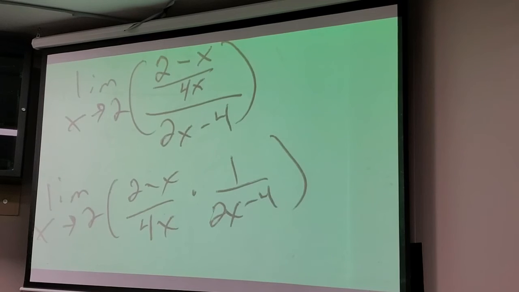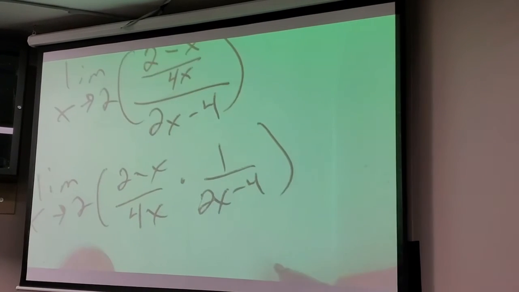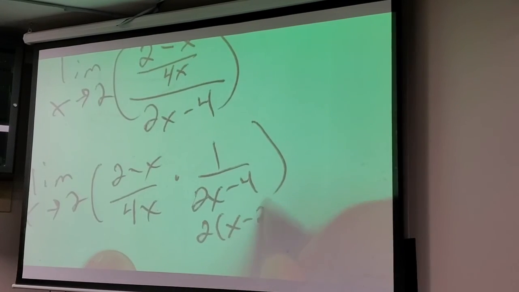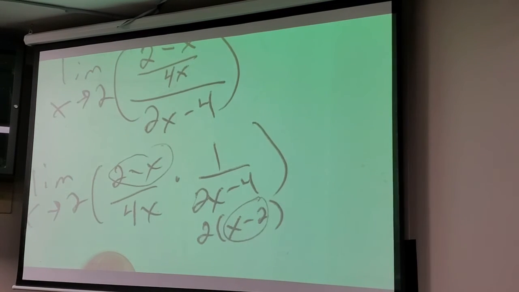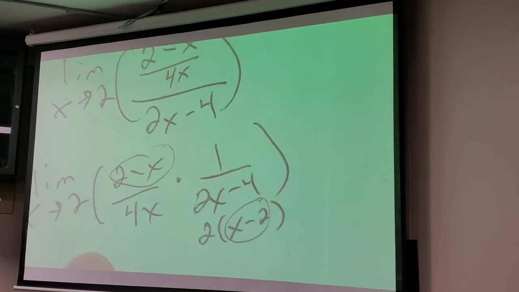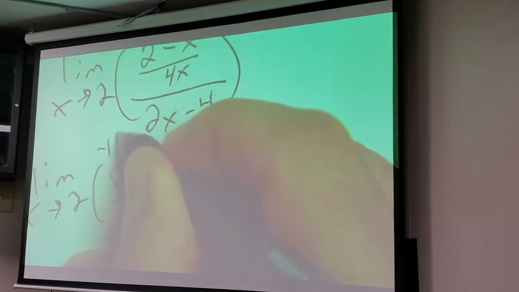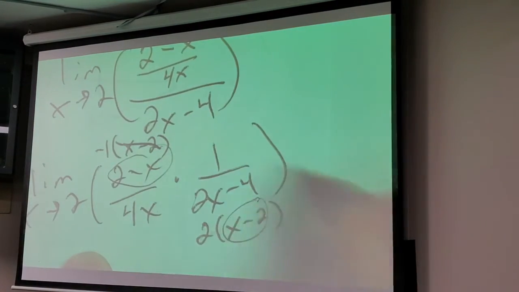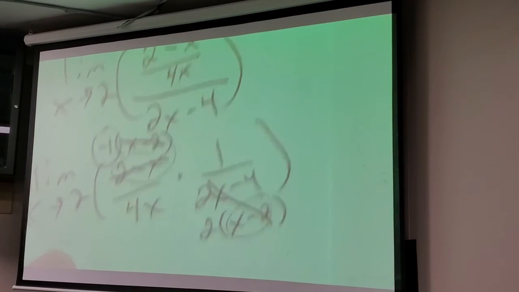Yeah, factor the 2x minus 4. And then these will cancel, but they'll leave what? A negative 1. Are you guys with me? If I take a negative 1 out of this, x becomes positive, 2 becomes negative. So these cancel, leaving it with a negative 1.